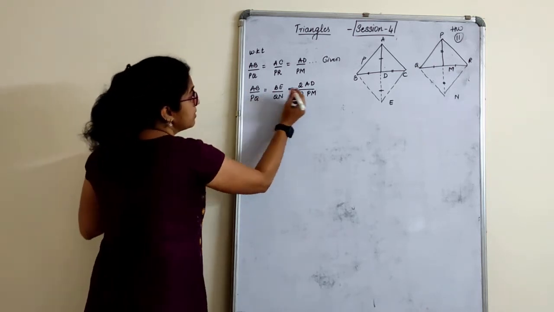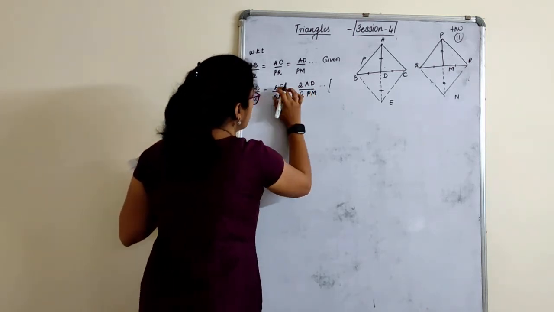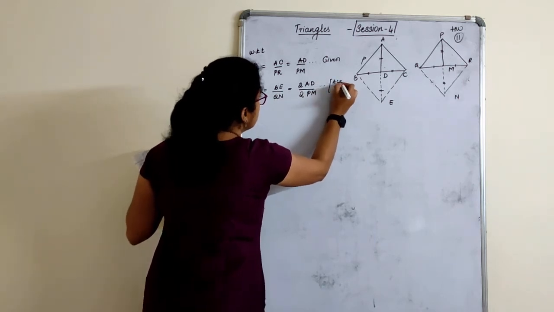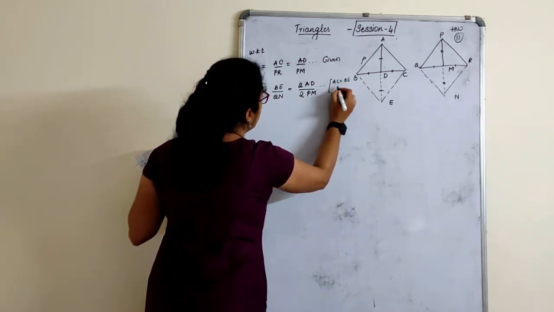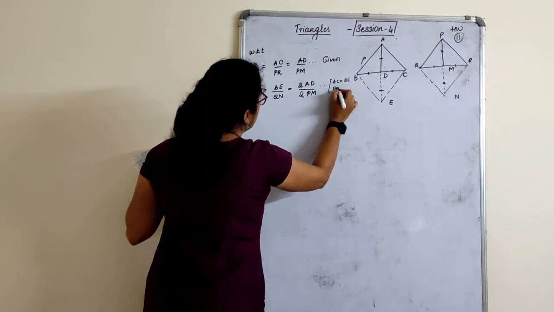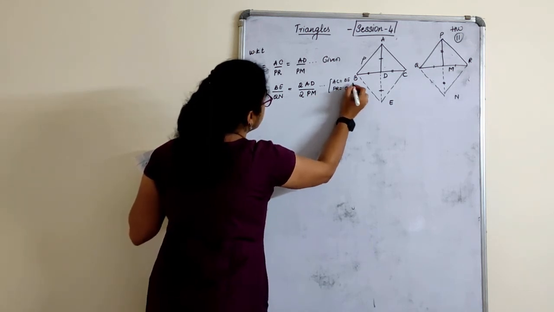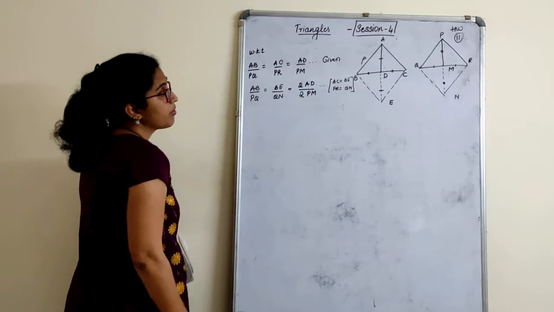Next part. Reason: you write here AC is equal to BE and PR is equal to QN. This reason has to be written.